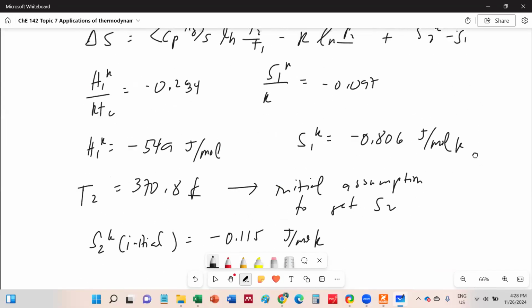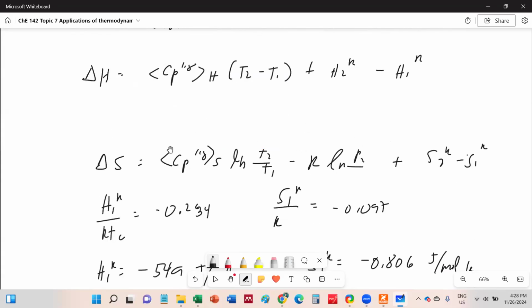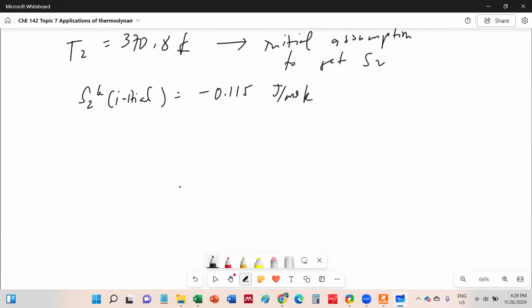What's missing from this equation? T2 and CP. So can you guess what we will do next? We will iterate again. So let's set up the equation for iteration. For isentropic expansion, delta S is 0.